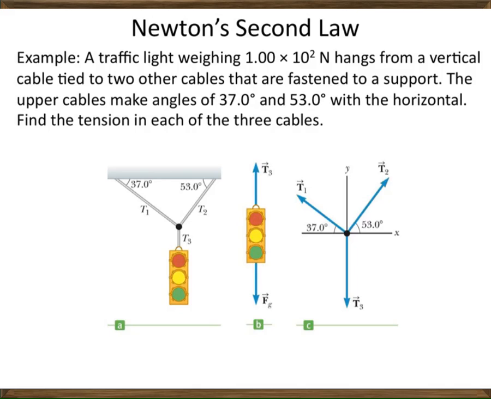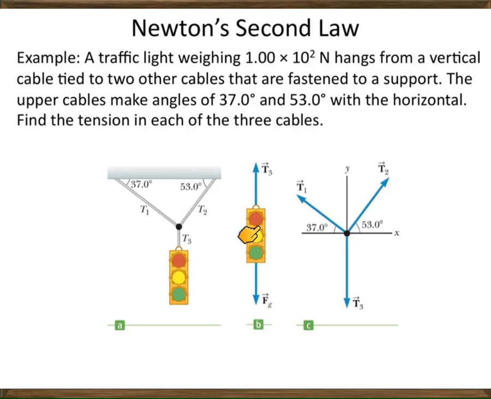But in here, there are two different points that you should draw a free body diagram. One thing is, if you only concentrate on the traffic light, that's the free body diagram for the traffic light in this case.